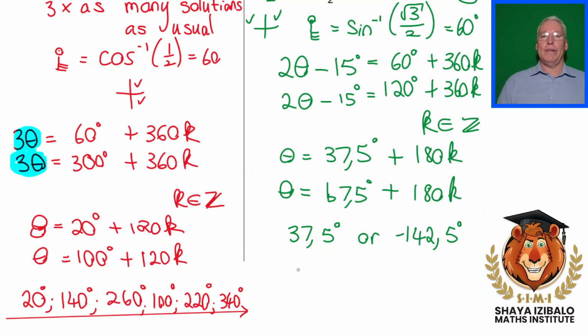If we take this one, 67,5, we can't add 180, but we can subtract 180, and we get minus 112,5 degrees. Okay, and there's our solutions.